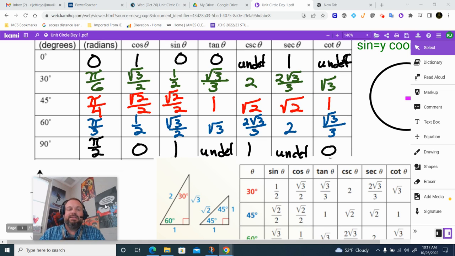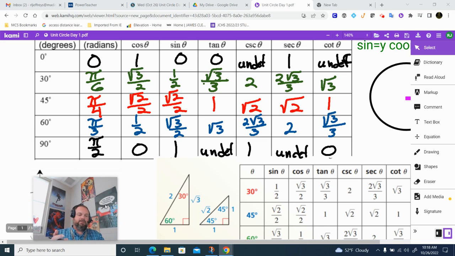Now, does anybody kind of see a pattern right here between two of the radians? Possibly in the green and the blue. Yeah, because those two are our 30, 60, 90s right there. So remember, if you're looking at it from one angle, it should be this.